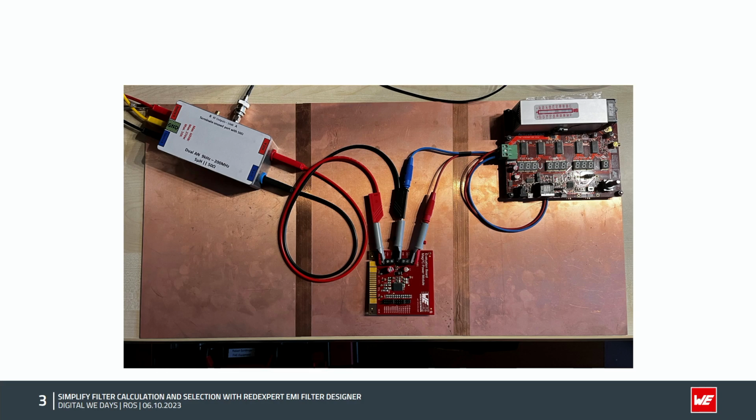For this we supply the system via a DC LISN, which is able to switch out the noise coming from the board itself via the lines, and block it back to the power supply, and the noise comes out on channel A or B. A corresponds to the plus line, and B corresponds to the minus line of the supply.